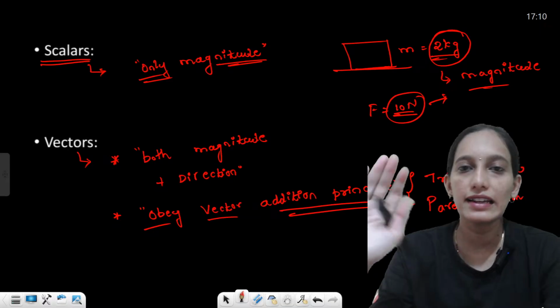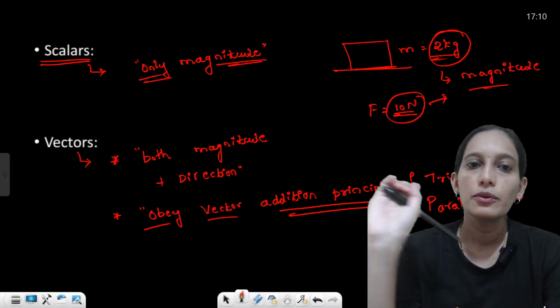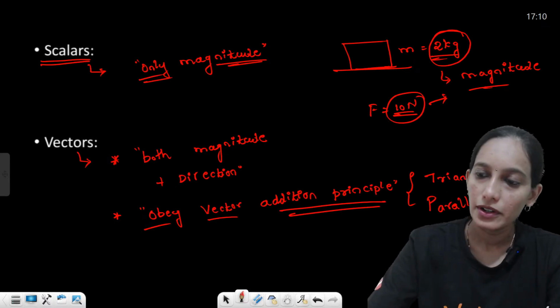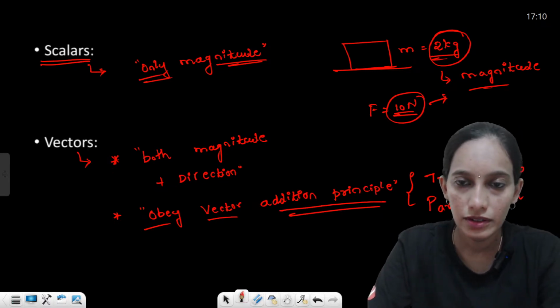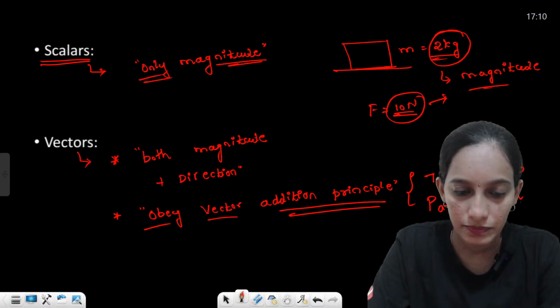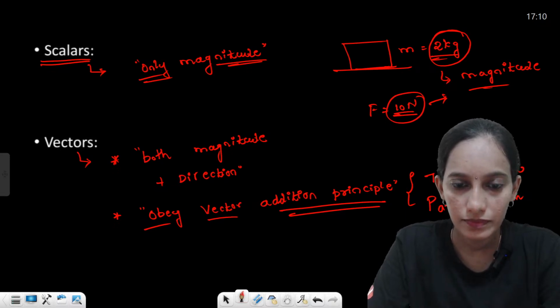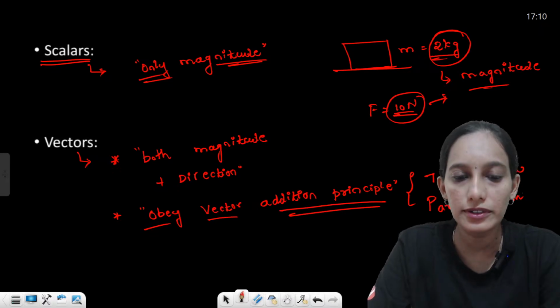So scalars have only magnitude, vectors have magnitude and direction. Any doubts, or if you understood, please let me know. Can you respond?